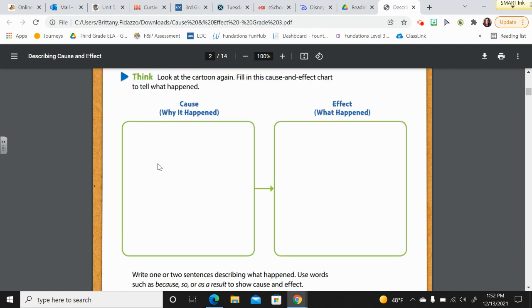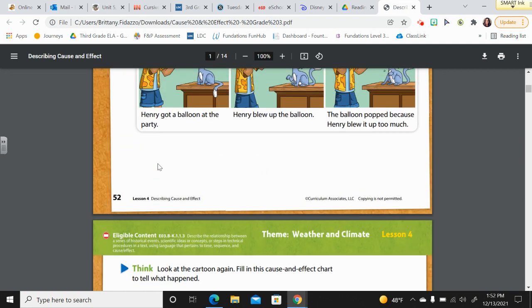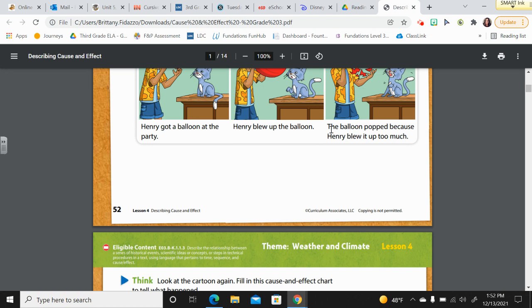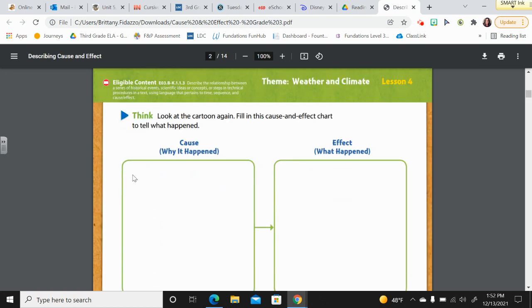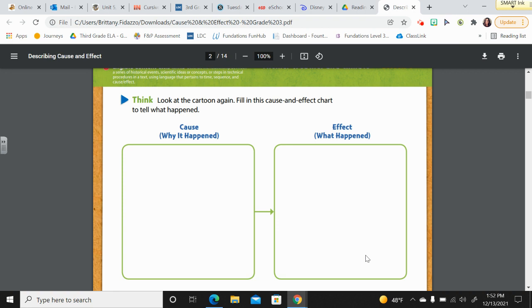Well, remember the word because is a signal word. So this last sentence, the balloon popped because, that's telling you the cause is coming next. Henry blew it up too much. So you could write that here. Henry blew his balloon up too much, or you could say Henry put too much air in his balloon. And the result, the effect, is it popped.